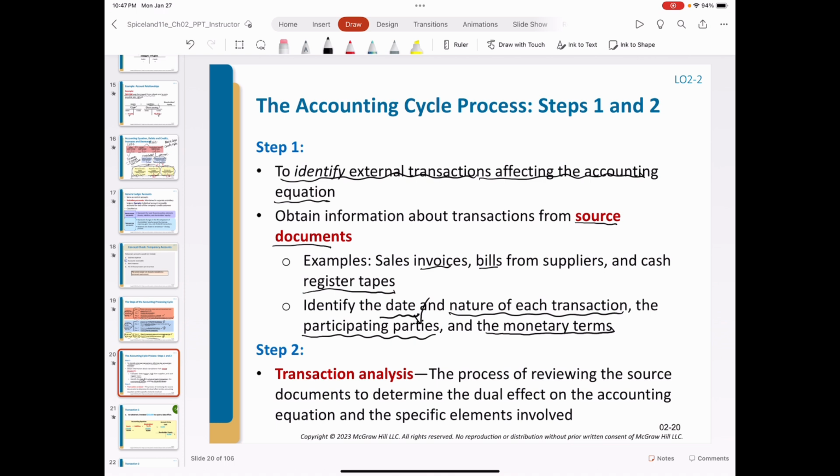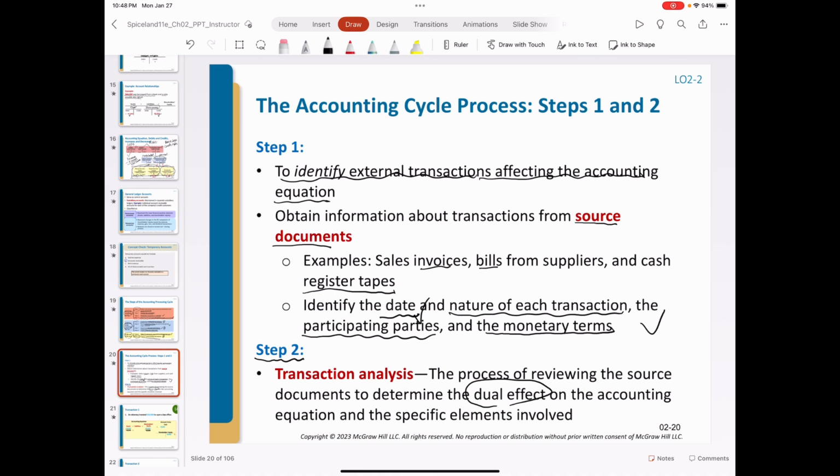We focus on the second step, analyze the transaction. Basically, we change the description of the transaction into typical journal entries. But before we make the journal entry in step 3, we should analyze the transaction by processing the documents, finding the useful information, and determining the dual effect on the accounting equation.